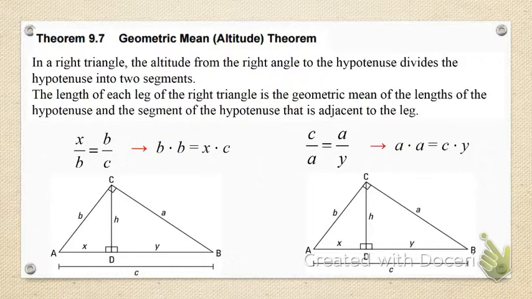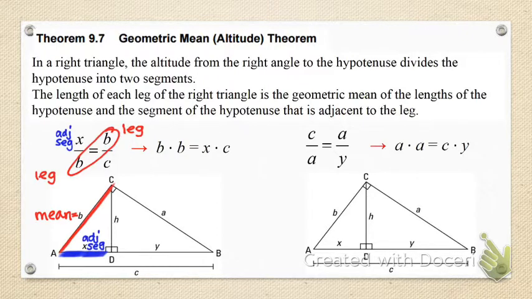Now, it sounds like a mouthful, and this looks really crazy, but let's use some colors. So, this guy over here, B, is a leg of the whole triangle. The leg will serve as the geometric mean. So notice where I put it in the proportion. The extremes will be the adjacent segment of the hypotenuse. So that's the blue guy down here.